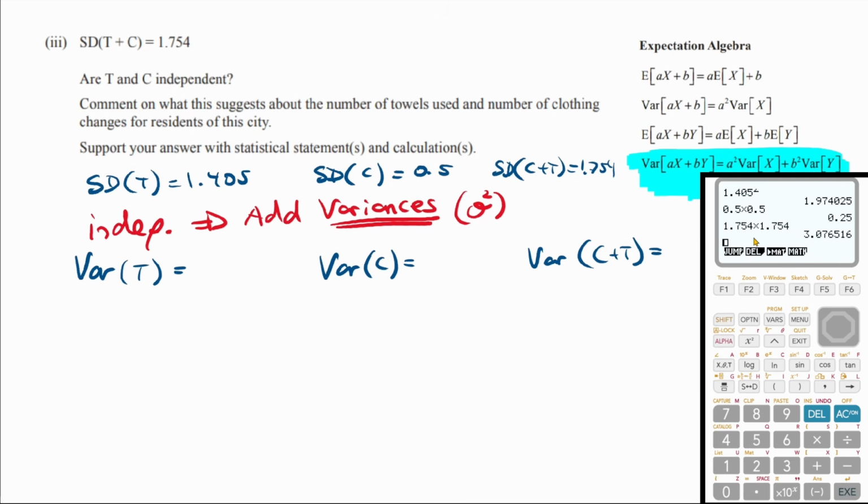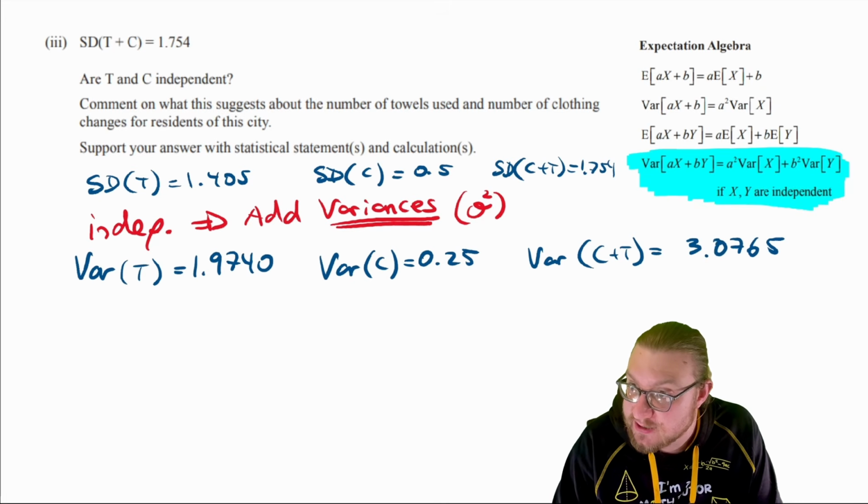There we go. Let's put all of those values in. So for T we had 1.9740. For C we had 0.25. And for the last one, we have 3.0765. I'm going to remove the calculator again so you can see.